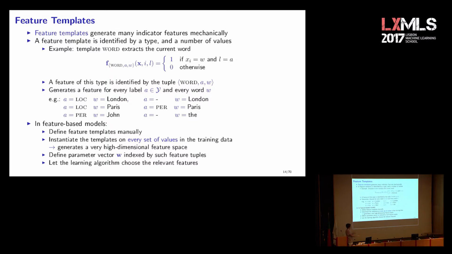And that generates one feature for every possible set of these values that identify the tuple. Because there are lots of words, in a data set there's, I don't know, tens of thousands of words in a vocabulary. So just this simple template will generate, let's say we have 100,000 words, and we have 3 types. So this feature template already generates 300,000 dimensions.